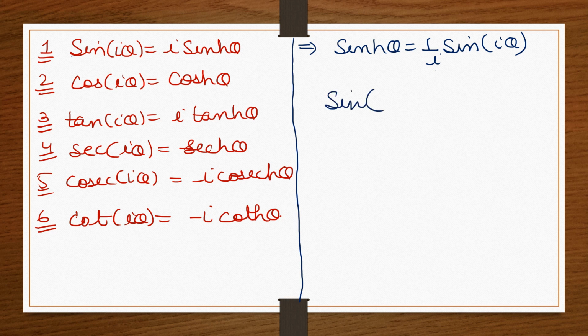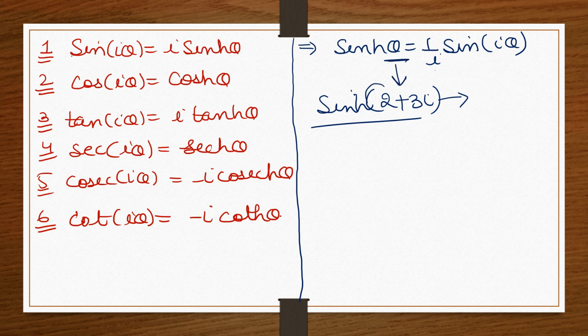sine hyperbolic of 2 plus 3 iota. In order to convert it to a circular function, we look at whatever theta you have here, theta is 2 plus 3 iota. What do you need to do?